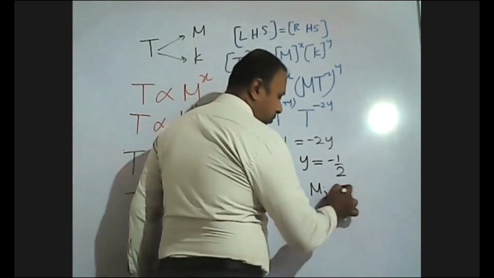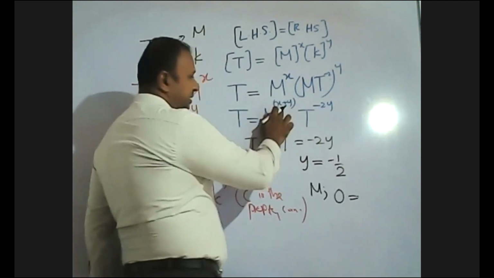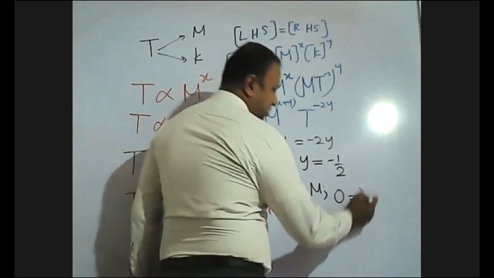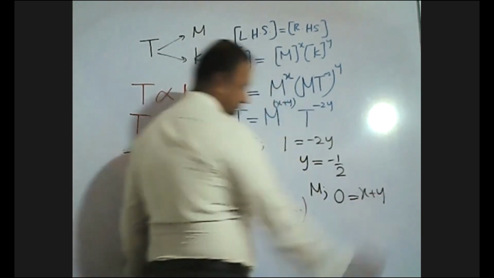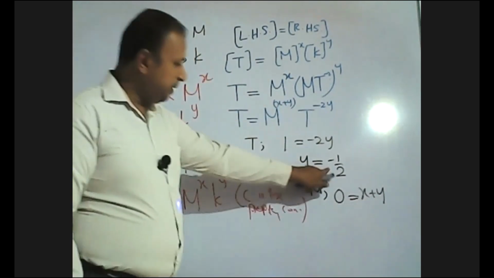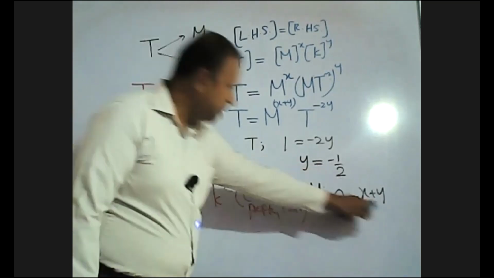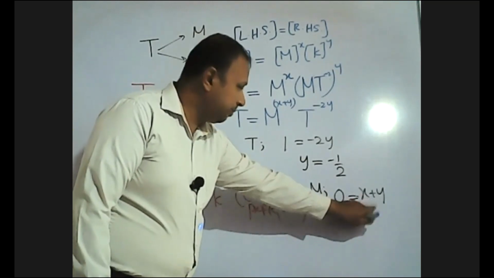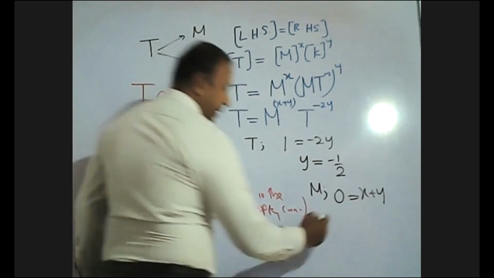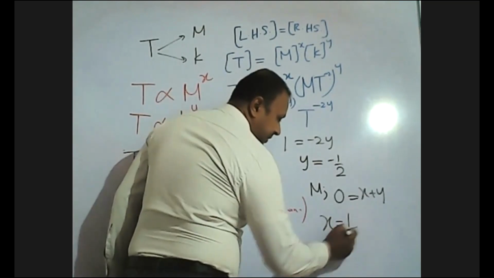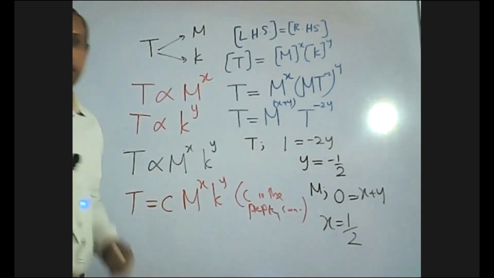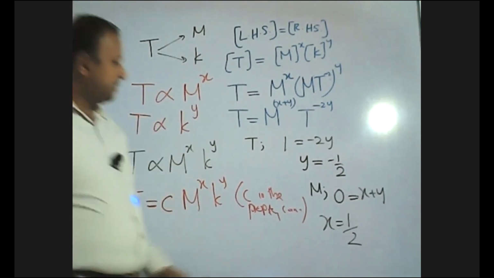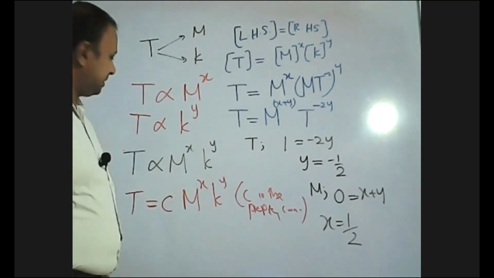But in the RHS, the power of m is x plus y. I know the value of y, it is minus half. If I replace that value here, I can determine the value of x, it is equal to half. Okay, so x is equal to half, y is equal to minus half.